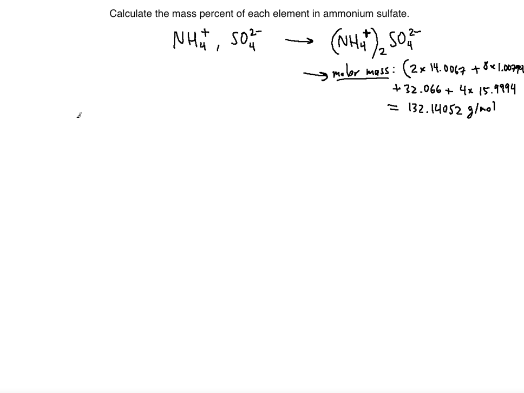So now we're ready to find the percentage of each element, the mass percent, that is. So starting with nitrogen, we know that the formula mass here is going to be twice the 14.0067, dividing, now this is grams per mole, right?